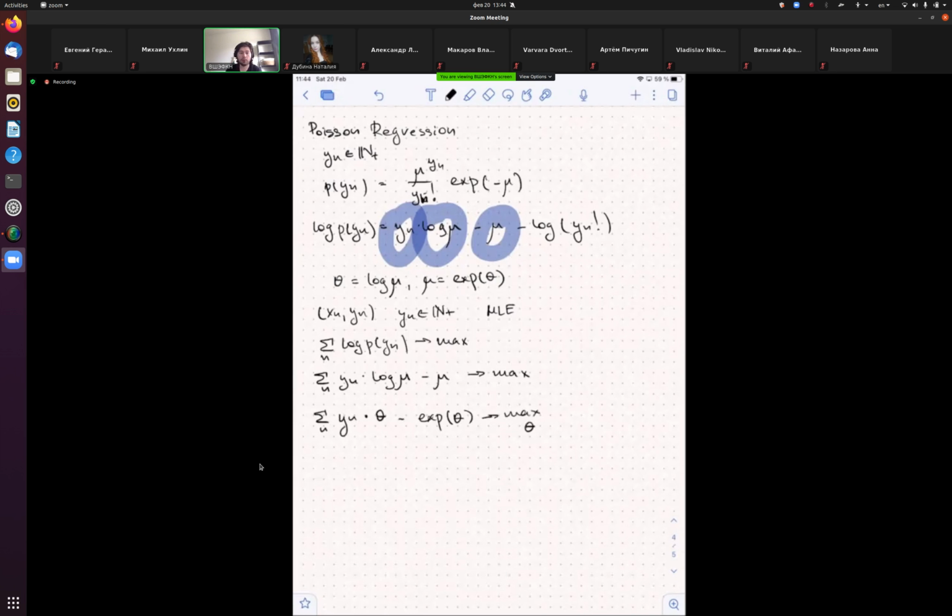Now we need to somehow introduce that we observe not only y, but also x. So let's model theta as a linear model, as we already know.